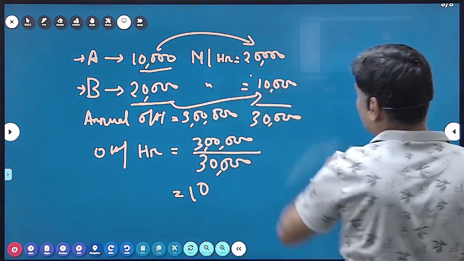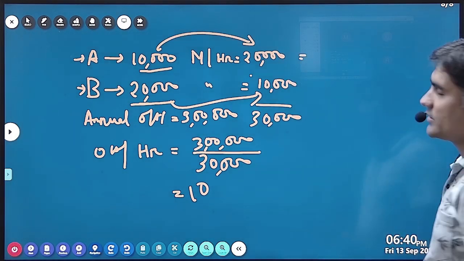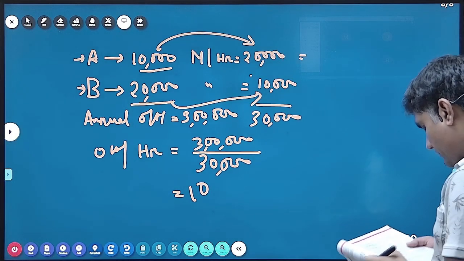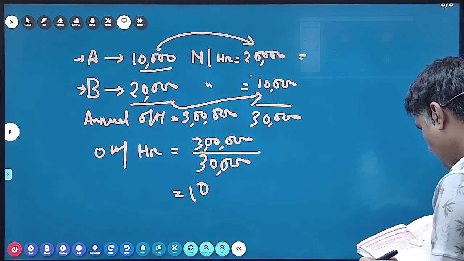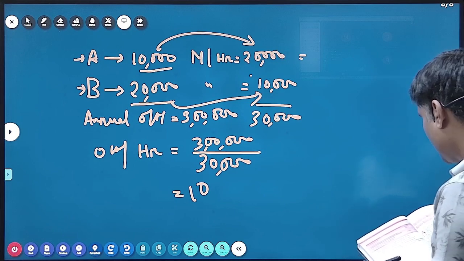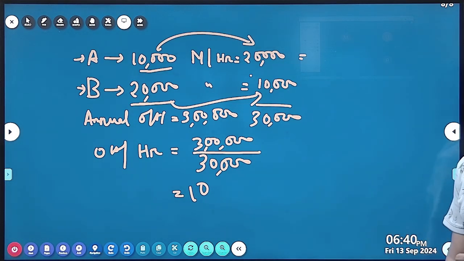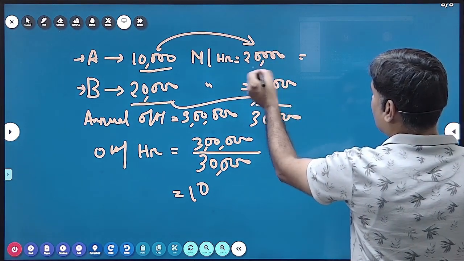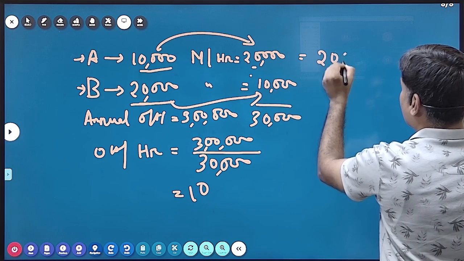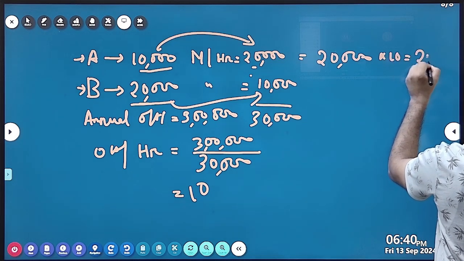So for A, total machine hour used is 20,000. So 20,000 into 10 is 2 lakhs.